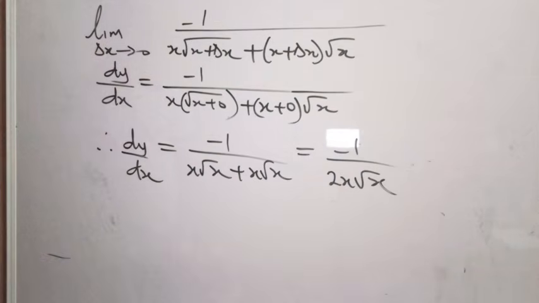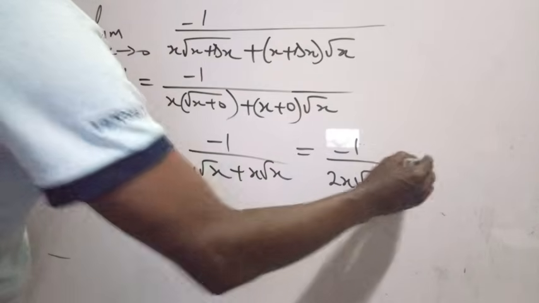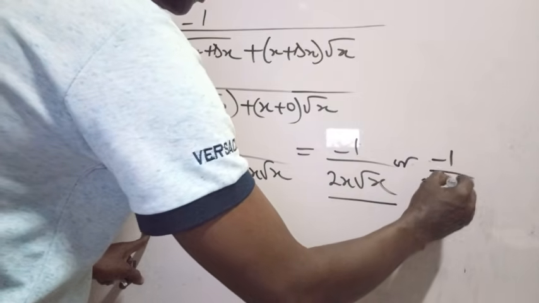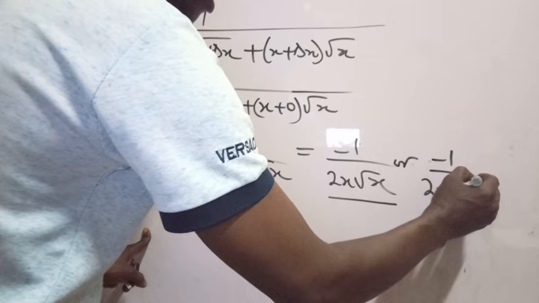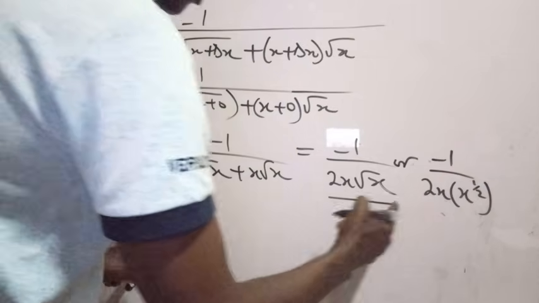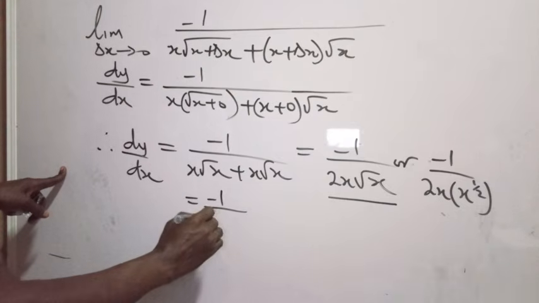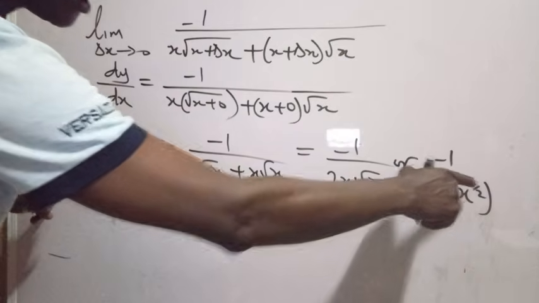Okay, so you can leave the answer like this, or you can write it as minus 1 all over 2x times x raised to power half, because this root x is x raised to power half. Which is the same thing as minus 1 all over 2 x raised to power, this is x to power 1 times x raised to power half.